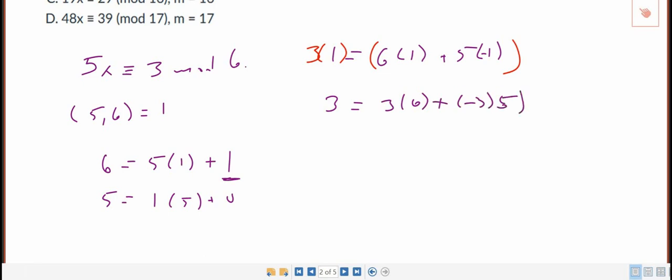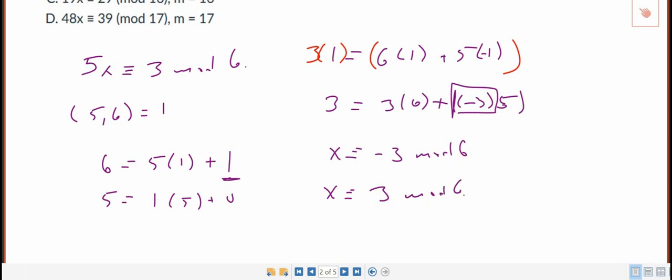So that means my x is going to be negative 3 mod 6, and that is going to be 3. So x is going to be congruent to 3. Now, since the GCD was just 1, that is going to be a unique solution.